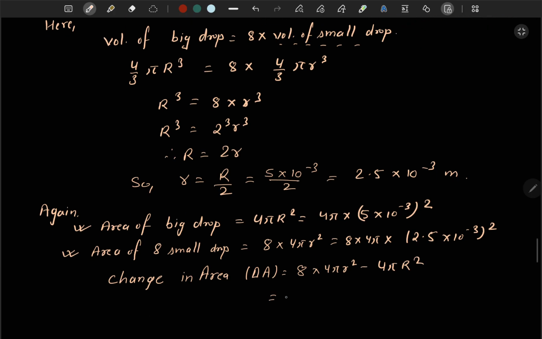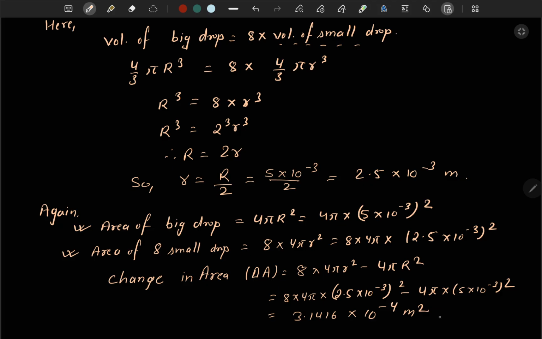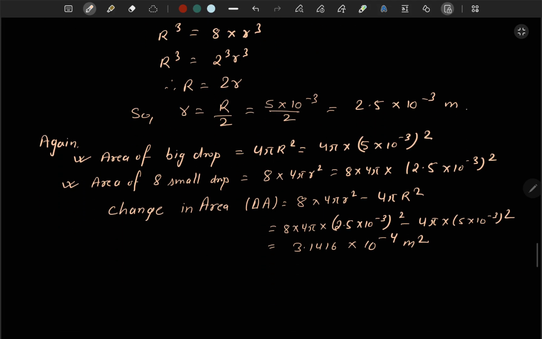Putting the values, 8 into 4 pi into 2.5 into 10 power minus 3 square minus 4 pi into 5 into 10 power minus 3 square, and subtracting, we get 3.1416 into 10 power minus 4 meter square. This gives how much area is increased when we break one drop into 8 drops.